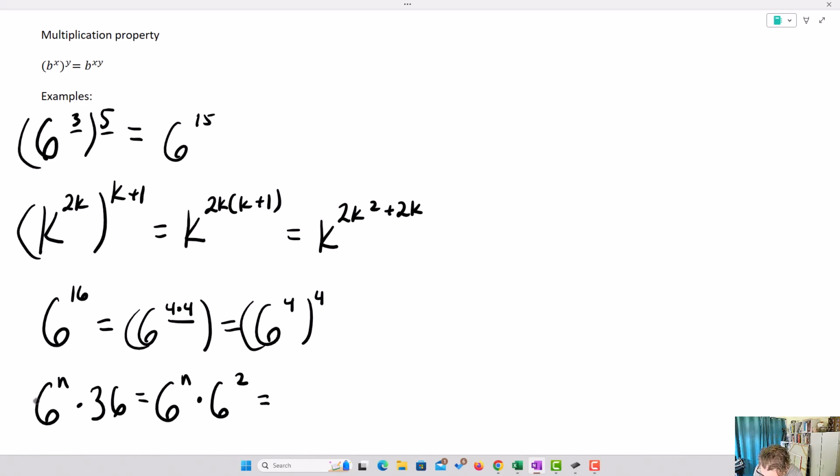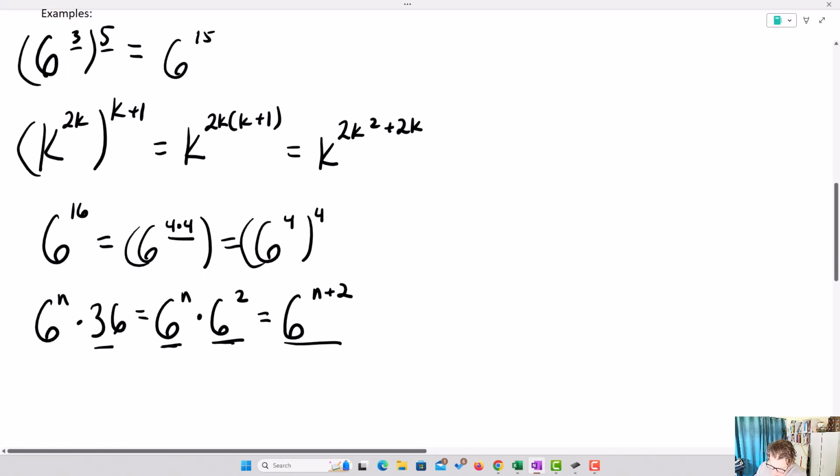Because in this case, we note that 36 is 6 squared, okay? So that gives me 6 to the n times 6 squared. We've got the same base, okay? And then we add the exponents, and we can get 6 to the n plus 2. And there you are. Well, that actually was more of the addition property, wasn't it? Oh, there you go.